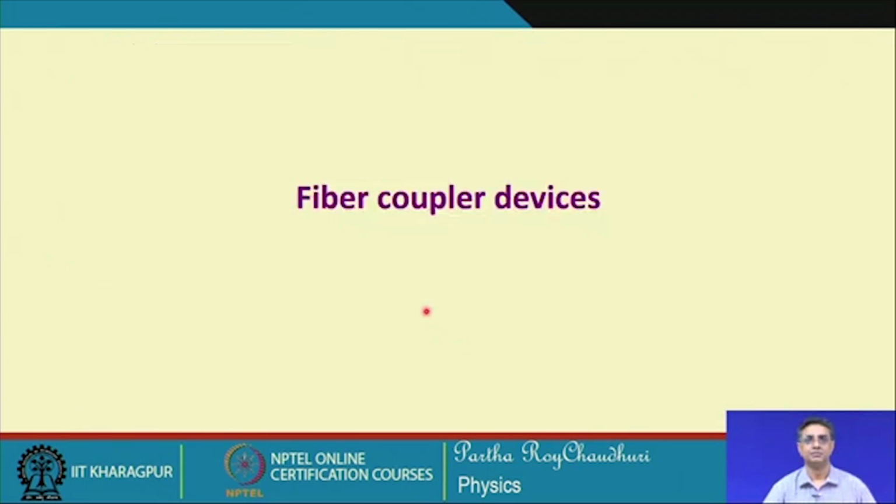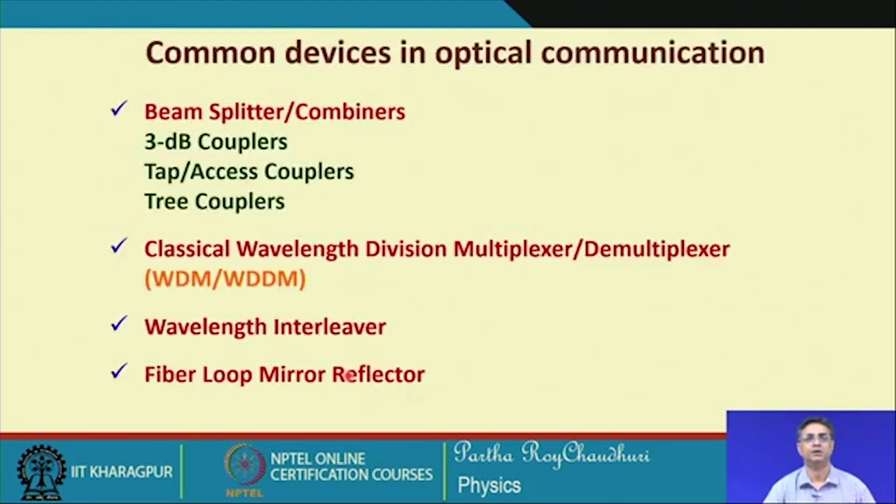Now we will continue with the applications of this fiber coupler, and several fiber coupler devices which can be built out of these 2 by 2 fiber couplers. For example, the most common use is a beam splitter or combiner, which we compared at the very beginning. The beam splitter could be any 50% splitting coupler.